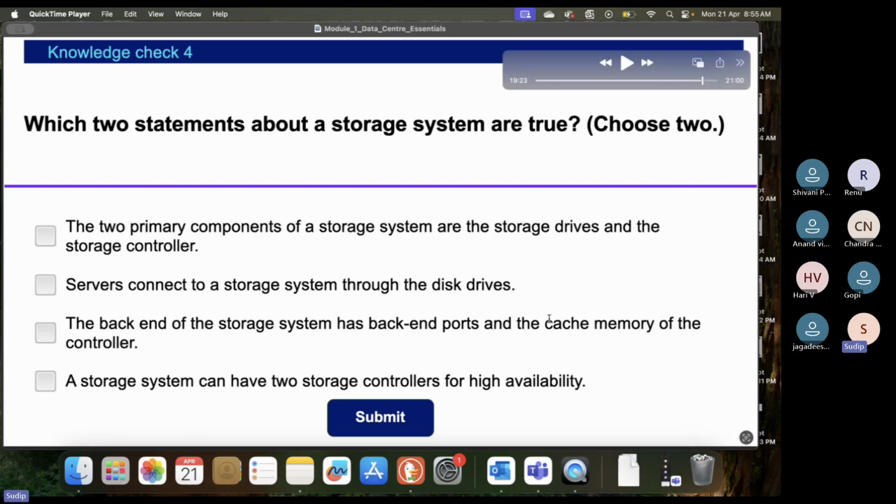Okay. So let's see who all are right. I think most of you got it wrong. Sorry, it's A and D. Let's see.